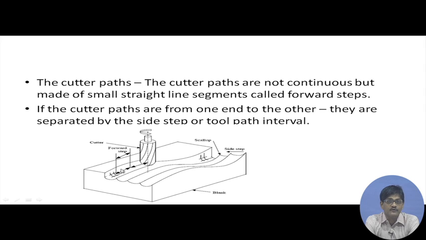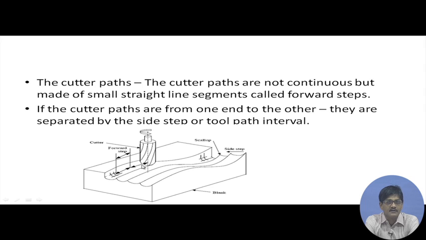The cutter, while moving from this side to that side, does not exactly move along a continuous curve. Rather, it moves in small straight line segments, just as we discussed in case of curvilinear interpolators. In case of curvilinear interpolators, we break up curved paths into short straight line segments, and these are called the forward steps.